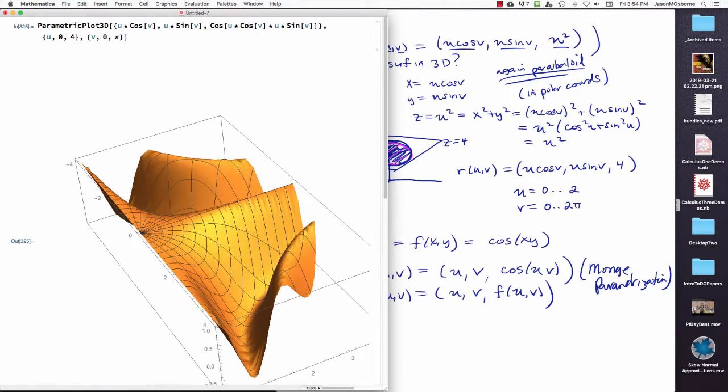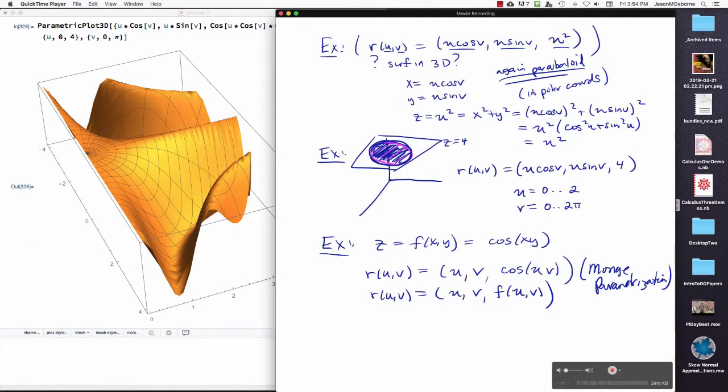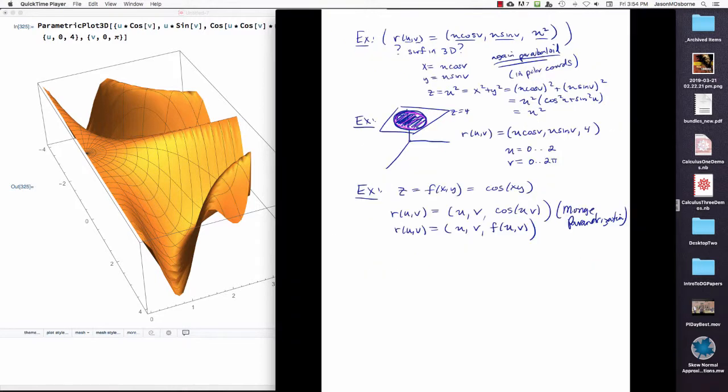Okay. So parametrization is a really powerful way to describe a surface. And so you can even express pretty simple things, for example, a plane.